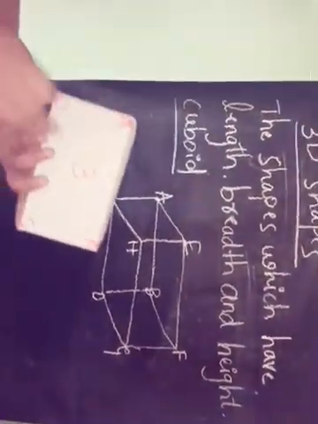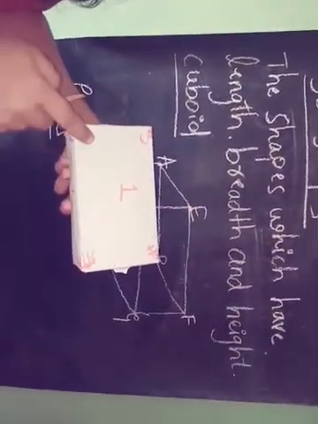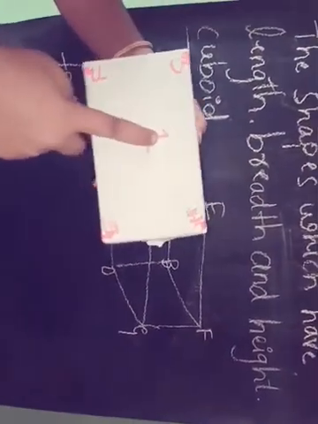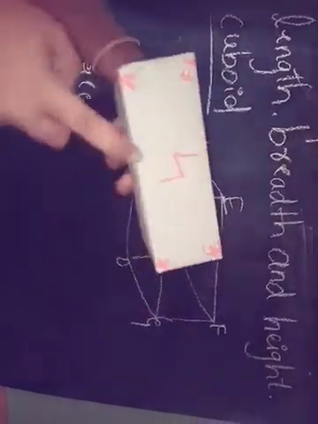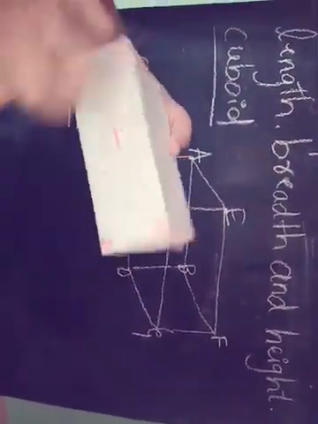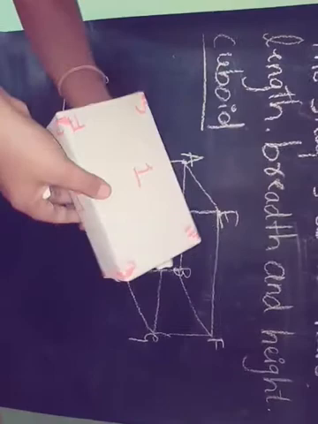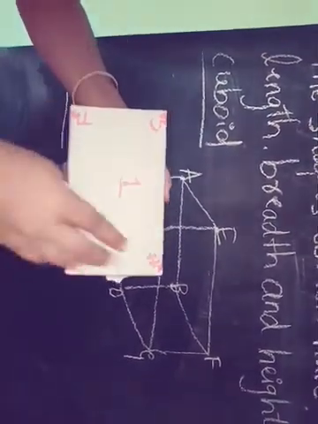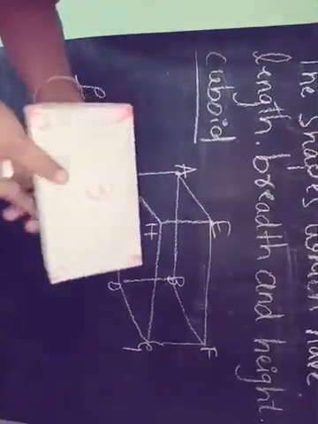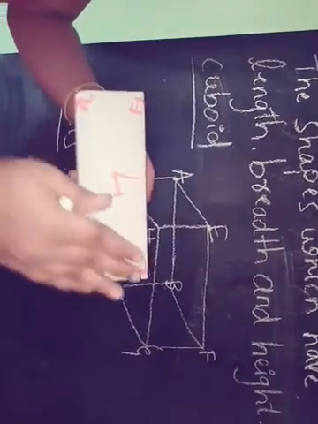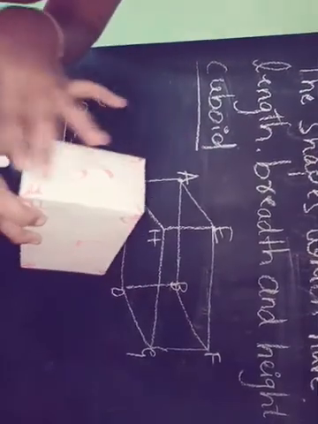Now faces here. I made one box here. Let it be a cuboid. How many faces does it have? 1, 2, 3, 4, then here, how many faces does it have now? 6 faces. 1, 2, 3, 4, 5, 6.